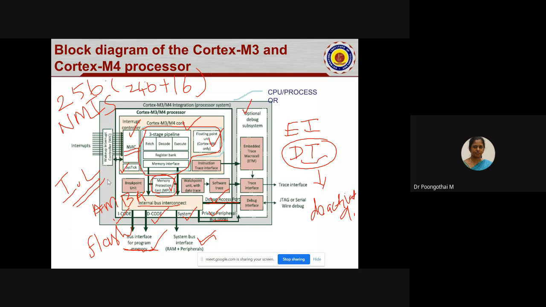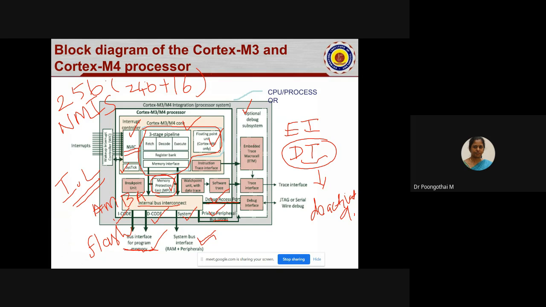See, this block diagram clearly indicates that the processor is nothing but your processor core, which is surrounded by a lot of peripherals. So this is your core, this is your Cortex M3 core.